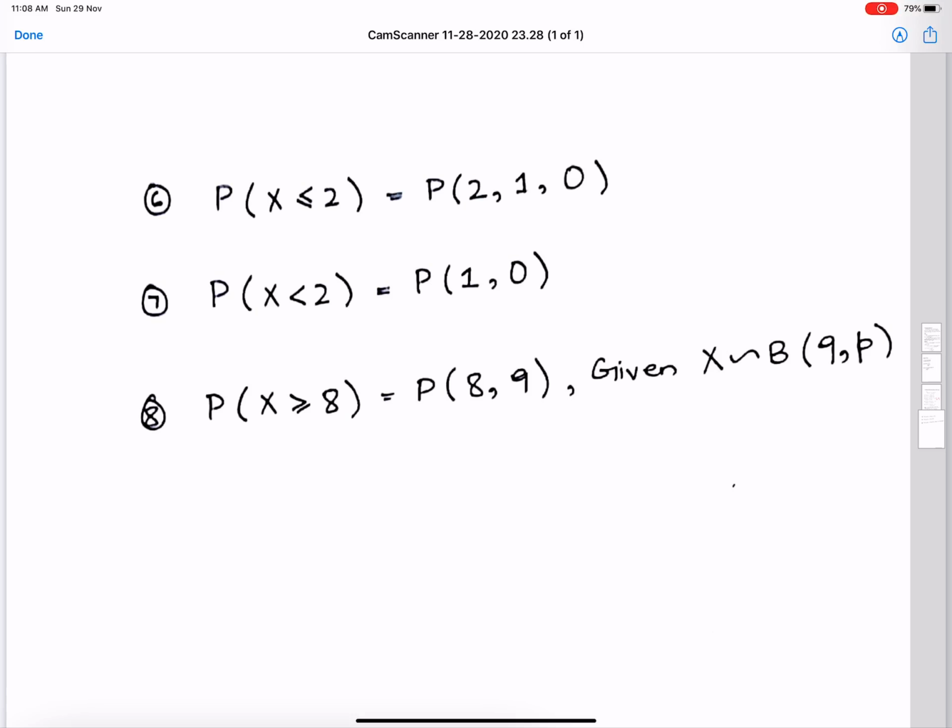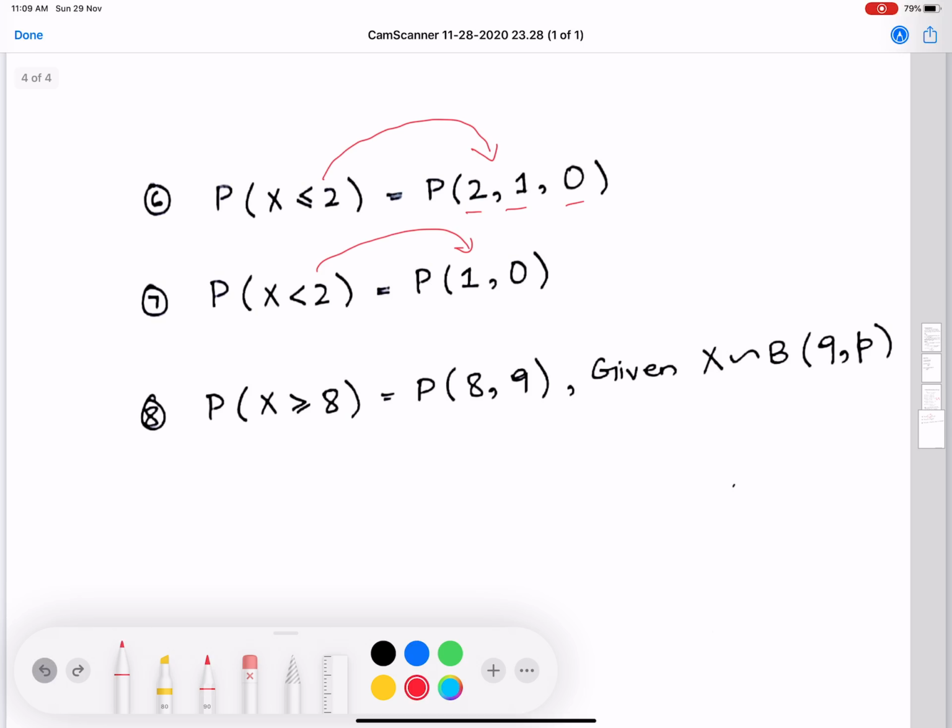For x less than or equal to 2, you just need to list the required numbers: 2, 1, 0. For less than 2, make sure you do not write 2 here. The numbers will be 1 or 0 because 2 is not inclusive here. It is exclusive, so when the number is exclusive, don't take that number.